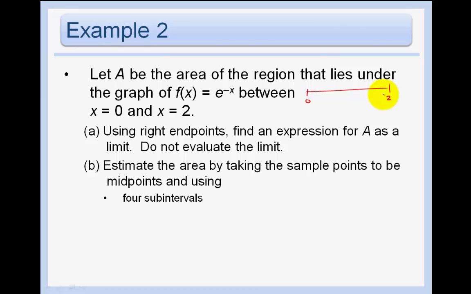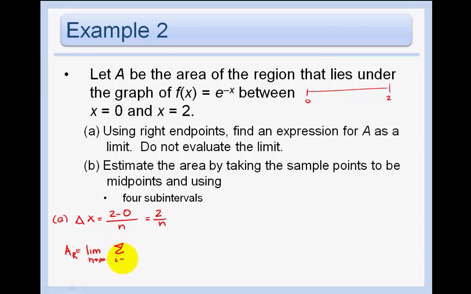So here we have to break this into n rectangles. So I can't really draw it as well. And I just have to do it very generally. I know that we go from 0 to 2, and we want to split it into n rectangles. And so the area, using the right endpoints, is going to be the limit as n approaches infinity, as I make infinite of those little rectangles.